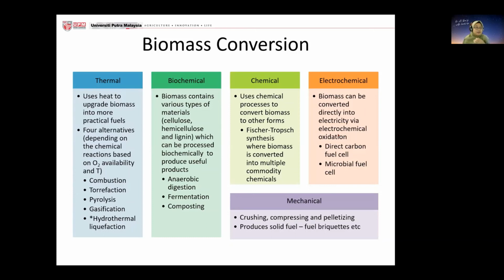So you can have something like a direct carbon fuel cell or microbial fuel cells. And lastly, number 5 is mechanical conversion. This involves mechanical processes such as crushing, compressing, and pelletizing, where you can produce solid fuel from the biomass. Examples of that are fuel briquettes.